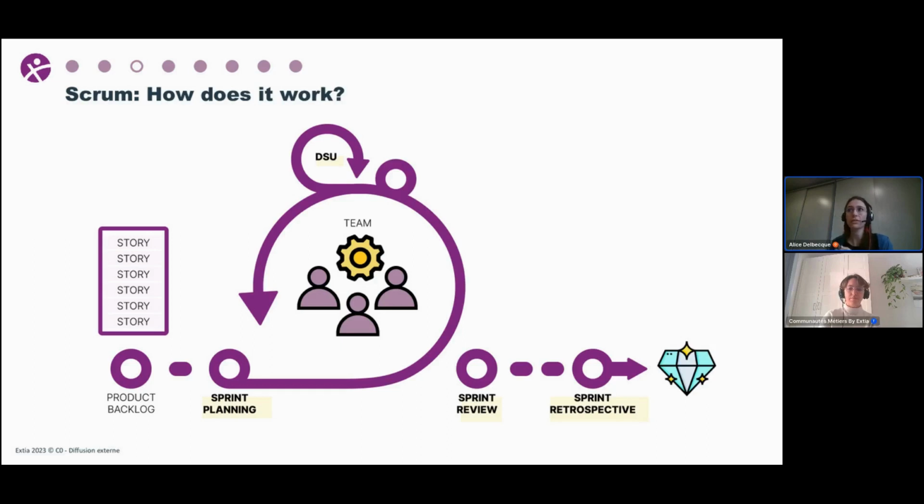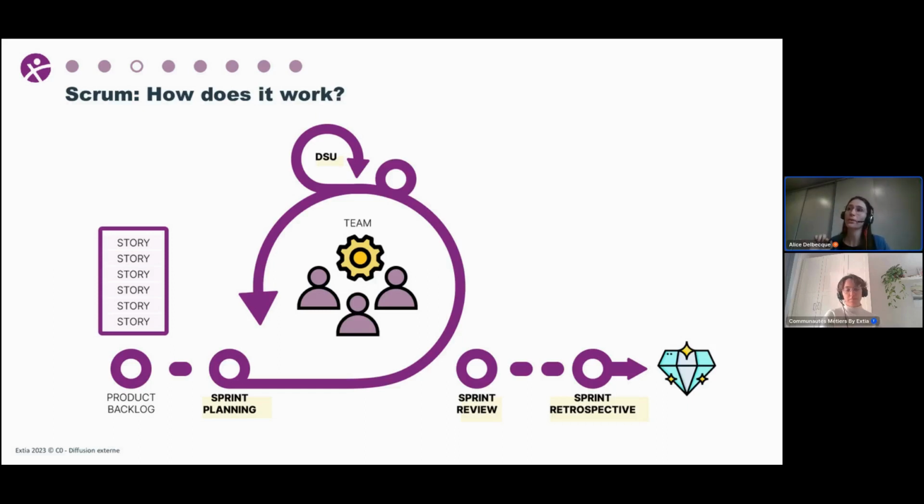Every day at the same time, they will meet each other in order to discuss the plan and the advancement of the sprint. And in the end, they will review the work done and they will inspect their way of working. And they will, of course, deliver value. So this is how Scrum works.